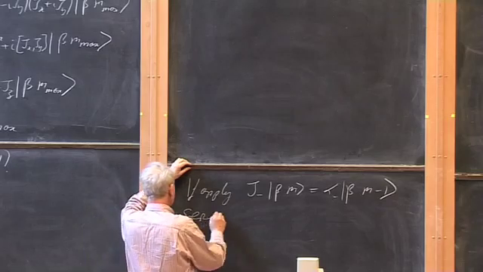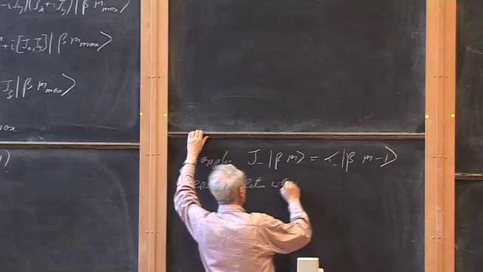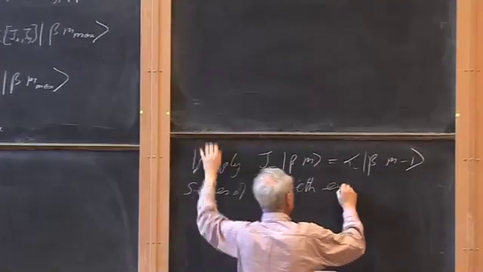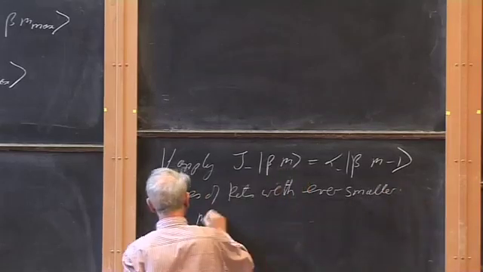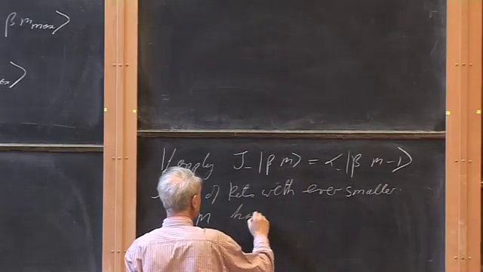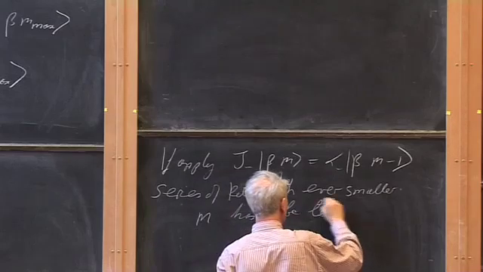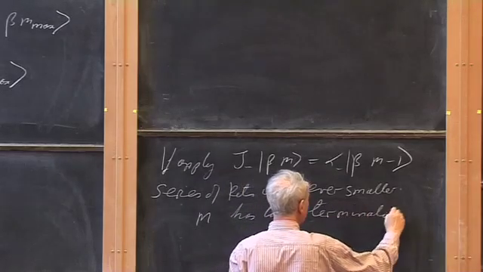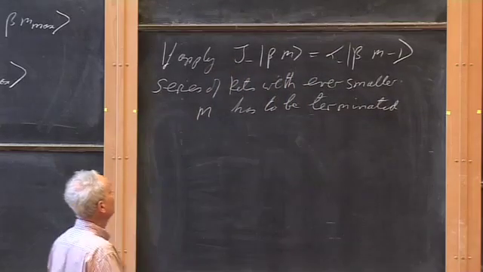So a series of kets with ever smaller M has to stop. So there must be a minimum value of M, which we imagine will be negative.